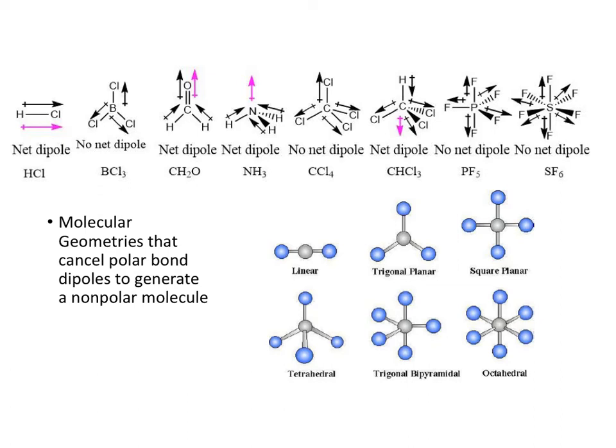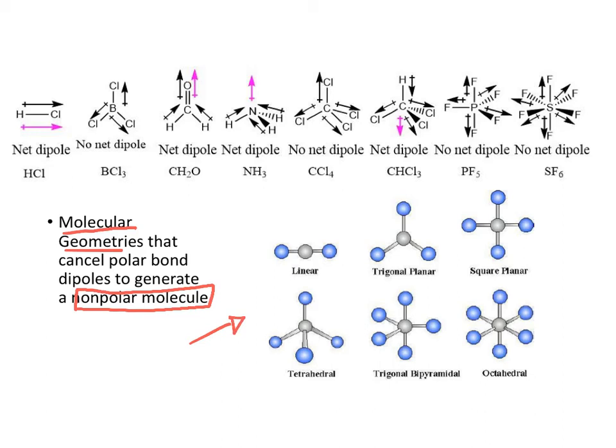So in this slide, I'm showing you, first of all, some molecular geometries where if you have nothing but polar bonds on them and they're all the same type of polar bond, these molecular geometries will cause those polar bonds to end up canceling each other out. So you'll end up having an overall nonpolar molecule. So look at their shapes.